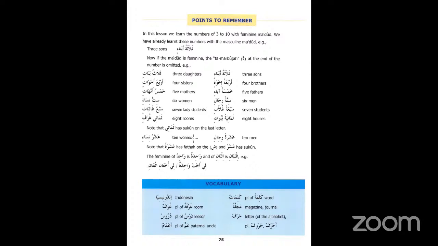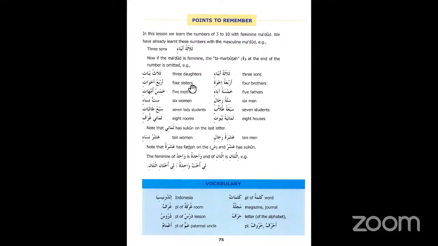For example, thalathatu abna'in means 3 sons. Now, if the ma'dud is feminine, the ta marbuta at the end of the number is omitted. For example, thalathatu abna'in is 3 sons, and 3 daughters will be thalathu banatin.